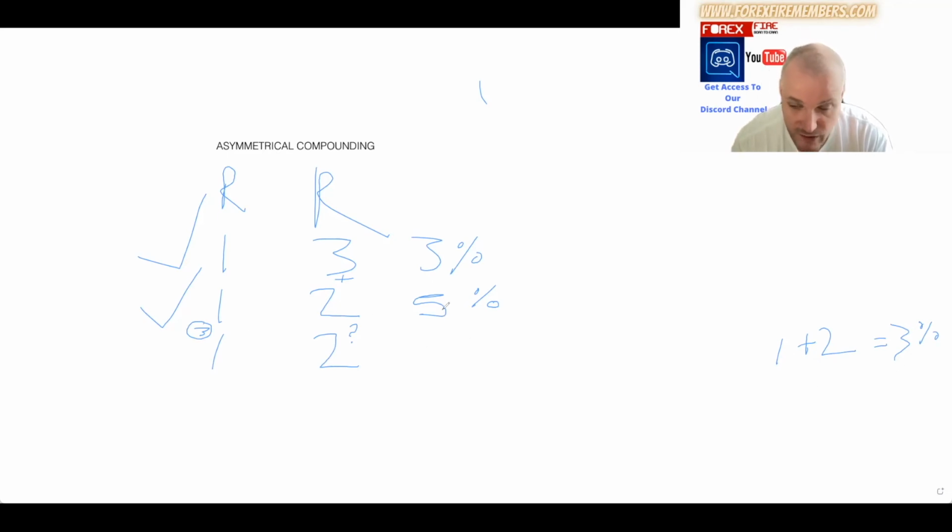So the 6 plus the 5 would have been 11. Unfortunately, that lost. So 3% risked, and it lost. So that is a 3% loss, minus 3%.